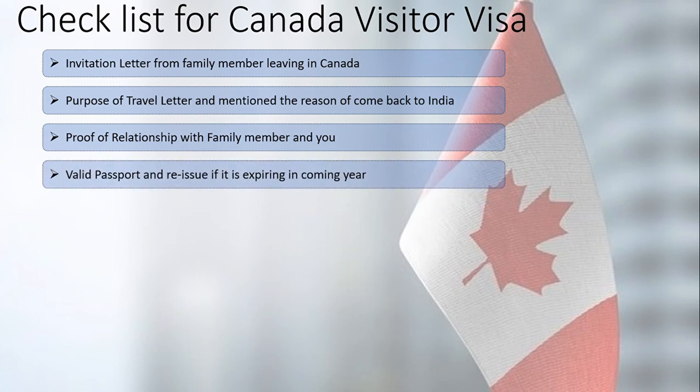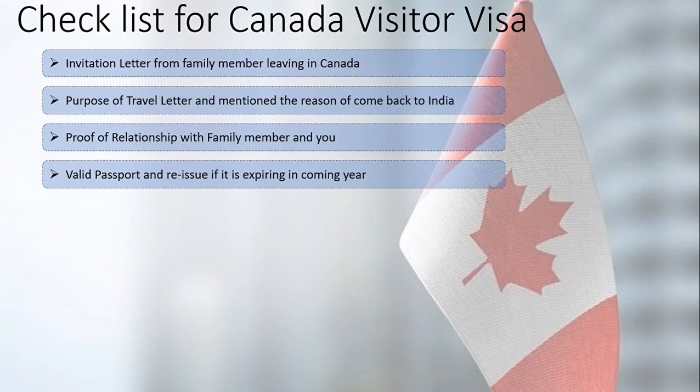Next, you should have a valid passport. If your passport expires in 1 or 2 years, you definitely need to reissue it. If your visitor visa is successful, then your visitor visa expiry date is your passport expiry date.